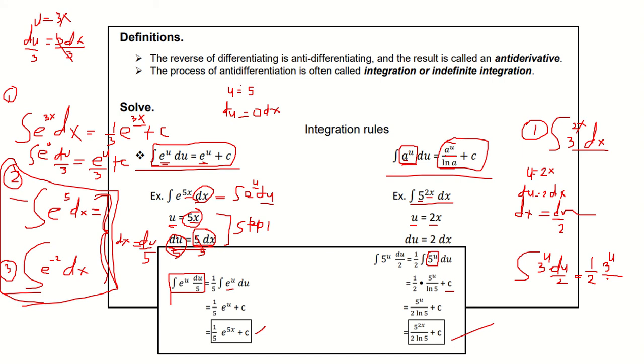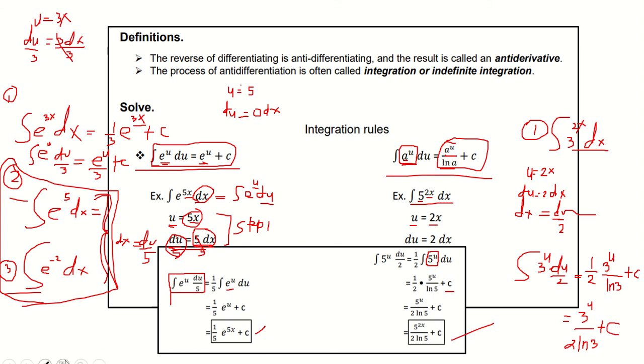Tapos na po tayo sa integral. ln of 3 plus c. So the answer is 3 to the u over 2 ln of 3 plus c.